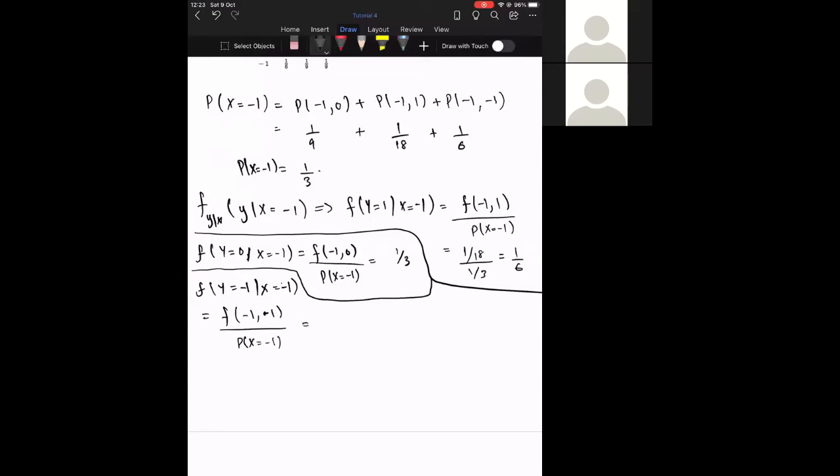And then this just becomes 1/6 divided by 1/3, which is equal to 1/2. So just for a sanity check, you can try summing up these 3 values, and you should get 1, which makes it a probability distribution.